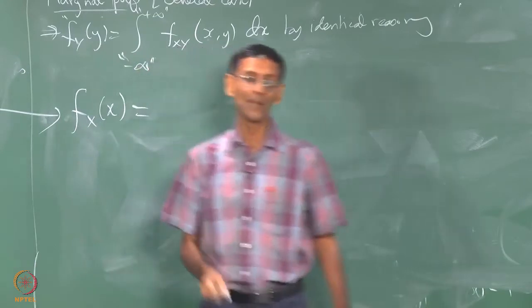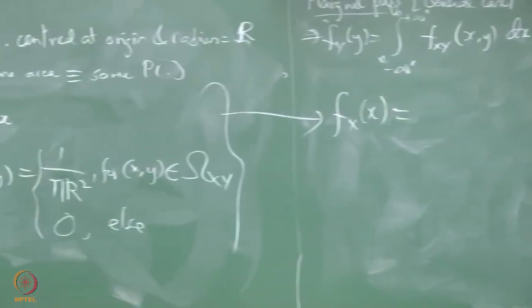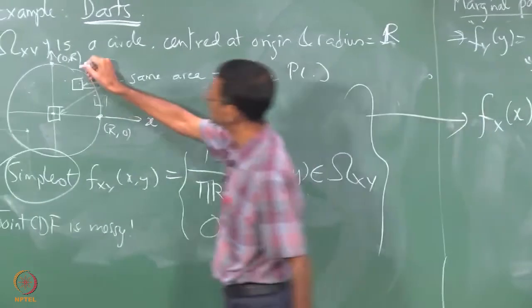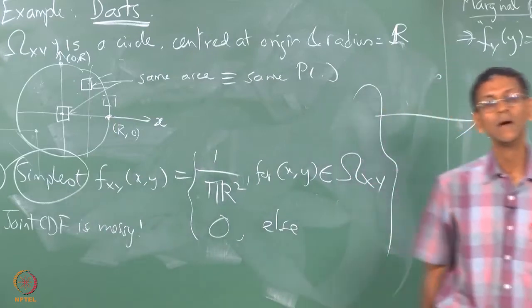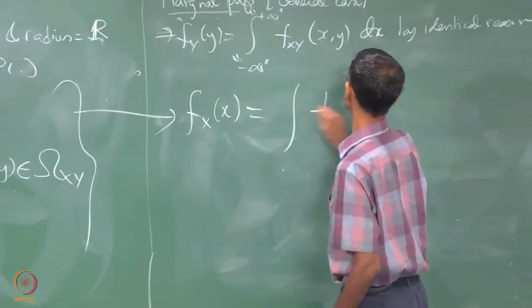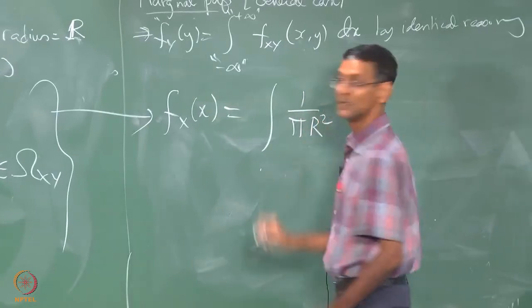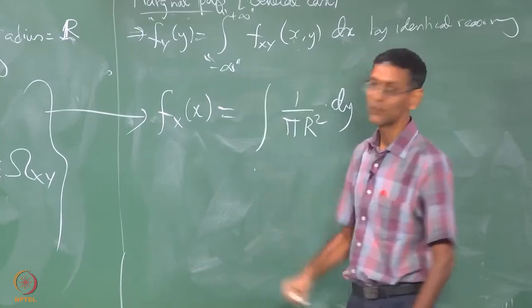Somebody do the calculation. Tell me. What is Fx? So if I pick an x here between minus r and r, what will be the integral? This is 1 by pi r squared into dy. What are y1 and y2?